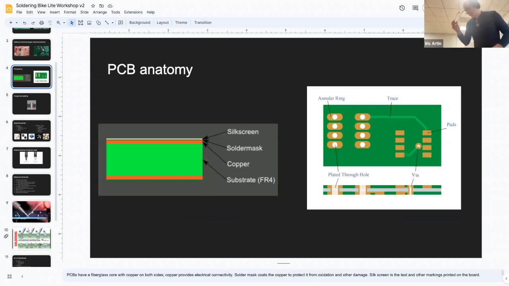All right, for people on Zoom, this is a picture of a different circuit board, and the diagram on the left is what I'm going to go over. Historically, circuit boards started with just a rigid board.